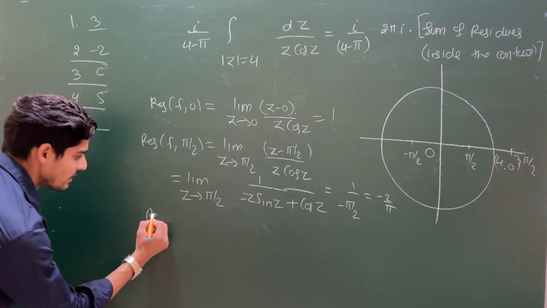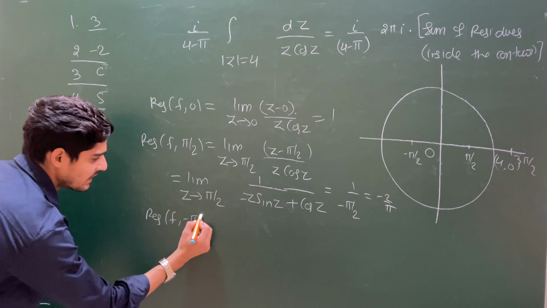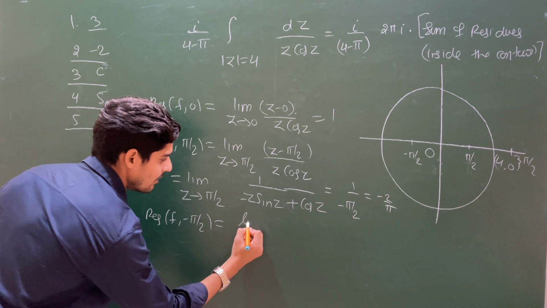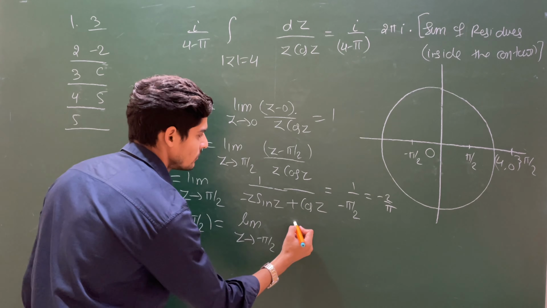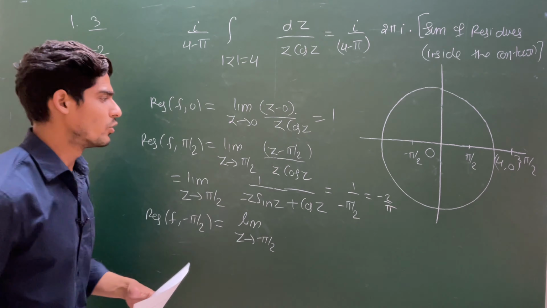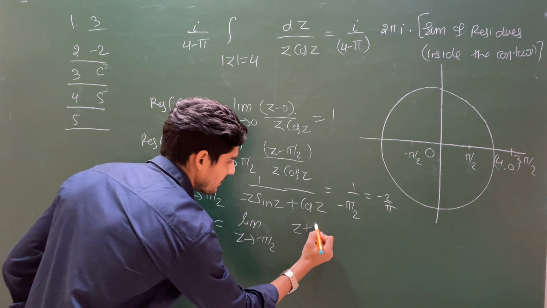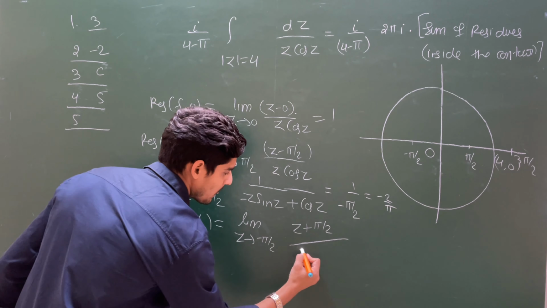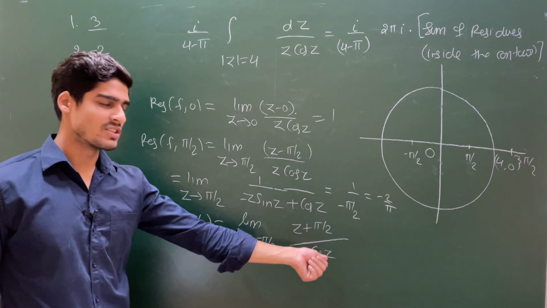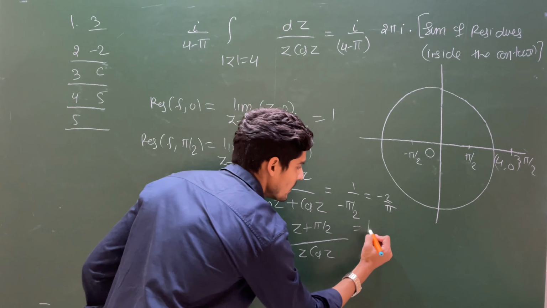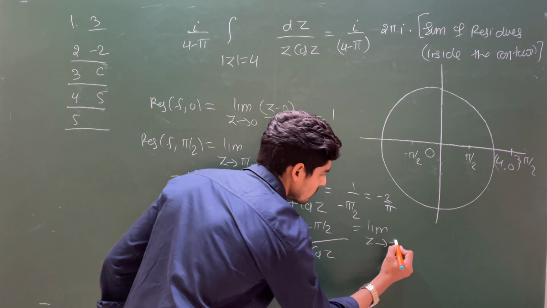Let us compute the residue of f at point minus pi by 2. You will have limit z tends to minus pi by 2, z plus pi by 2 over z cos z. Again, if you put z equal to minus pi by 2, you have a 0 by 0 form, so again we use the L'Hopital rule.